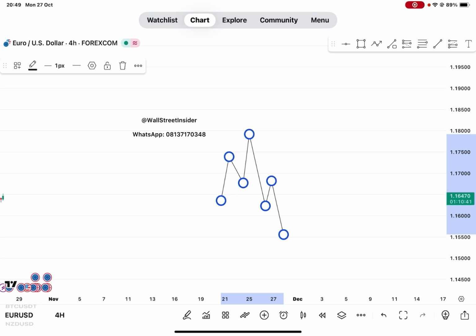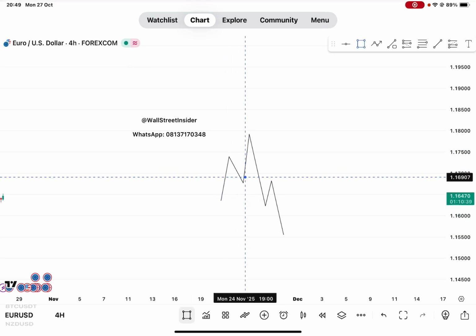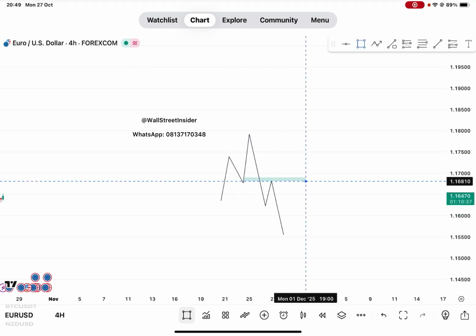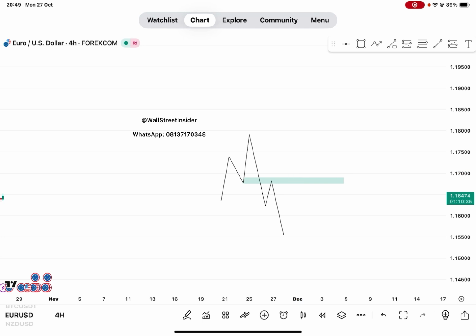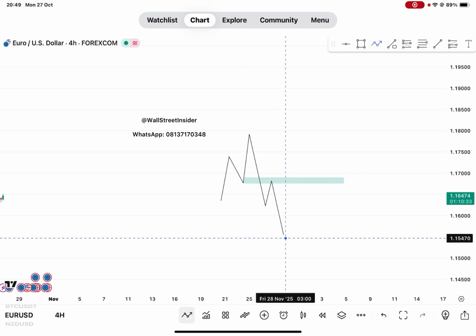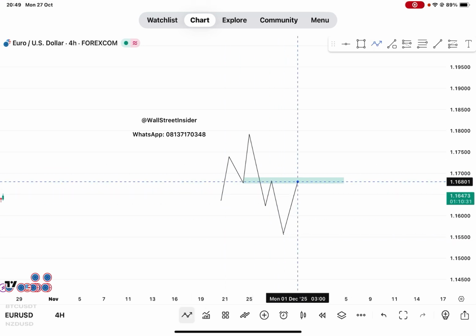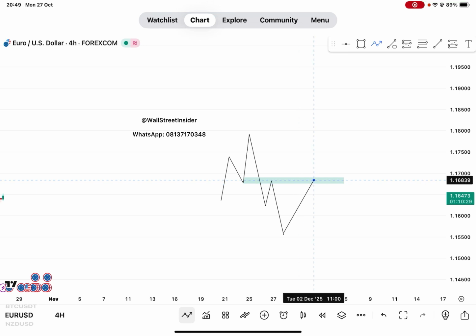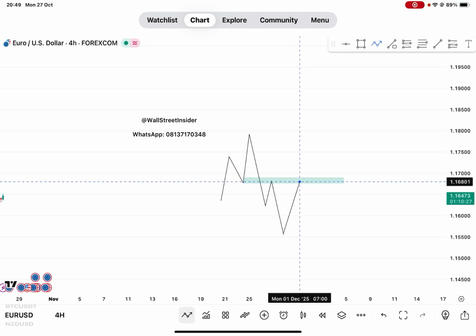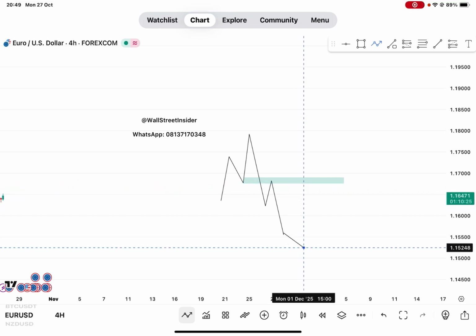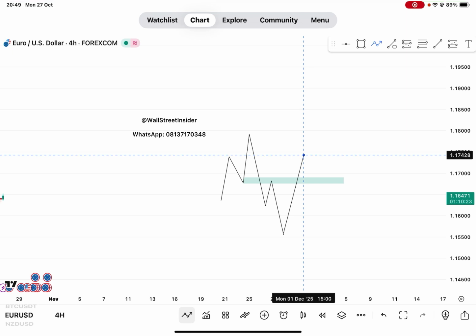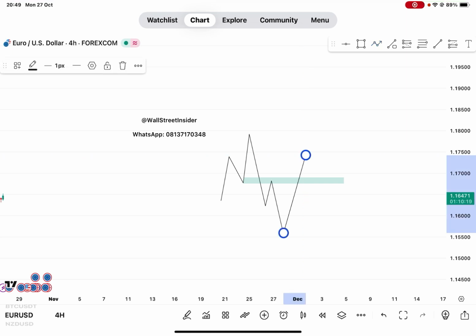So basically, I identified this particular zone that price has reacted to 2 times as a key level in the market. So when price comes back to this level again, I look out for what price is about to do at this level. If the price is going to get to this point, then reverse, or the price breaks above it and continues in its previous movement.